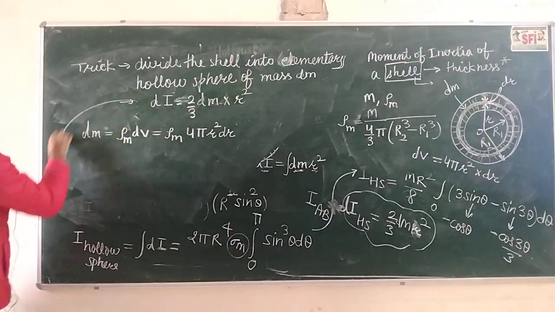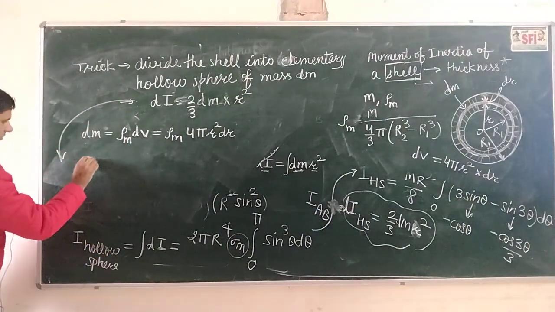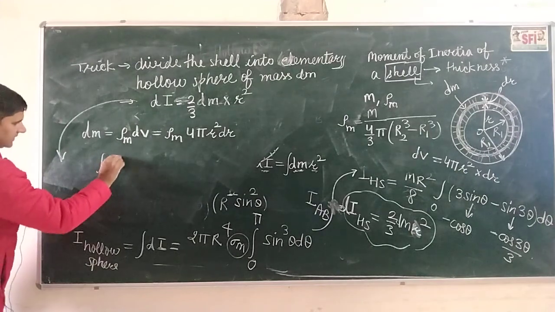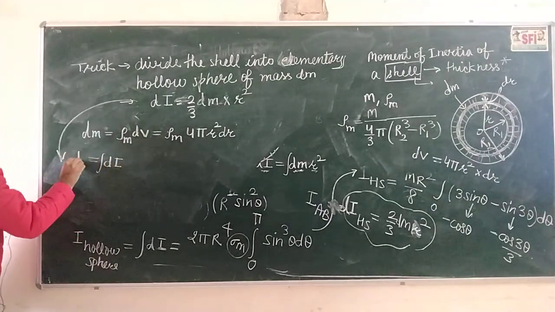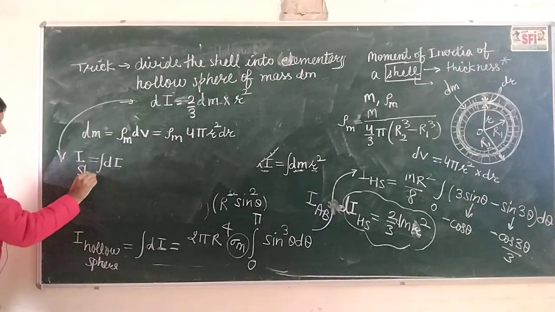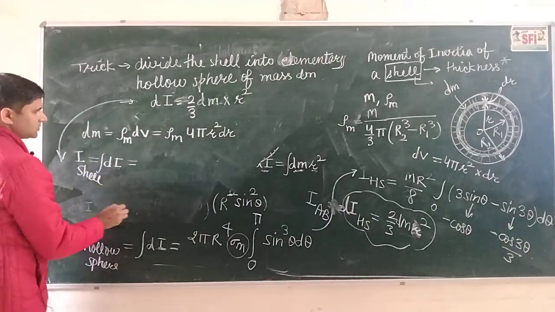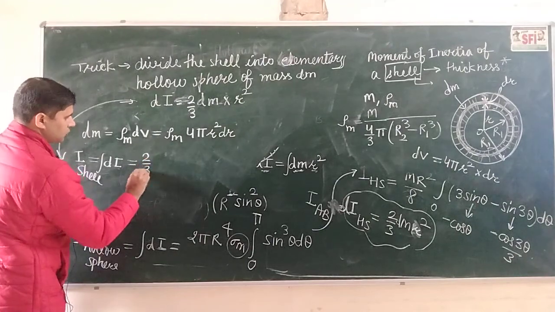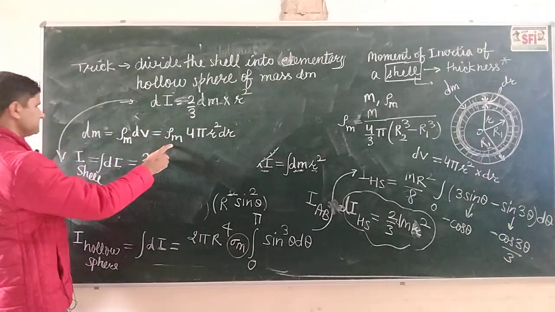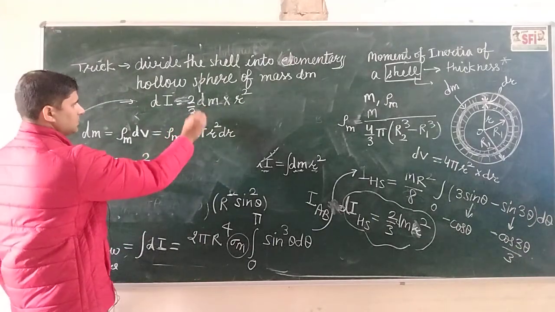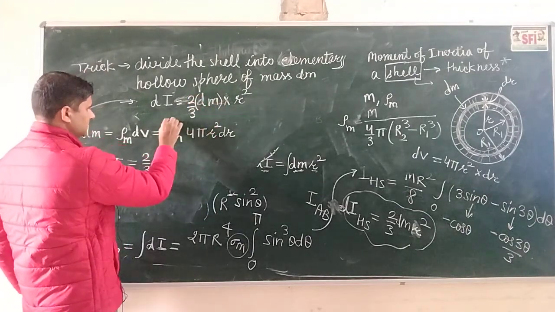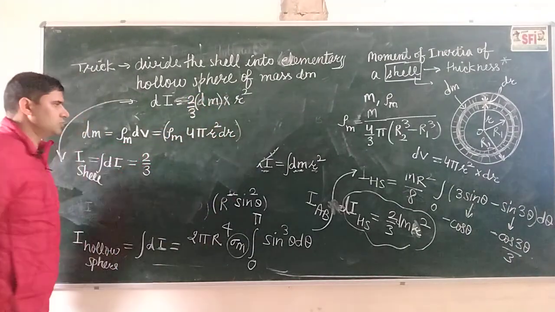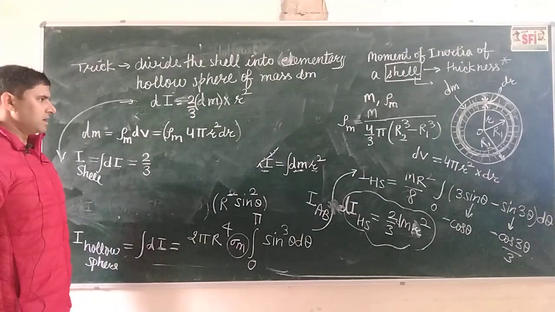So now you are to substitute the value, and then you will integrate dI to get the moment of inertia of the shell. Okay, so from here you see you have 2 by 3. You can take it out of the integration. Then you will put the value of dm, and this complete factor will give you the mass.